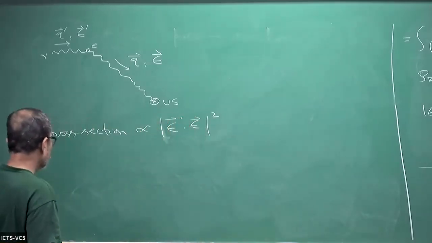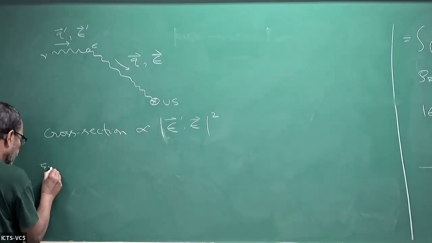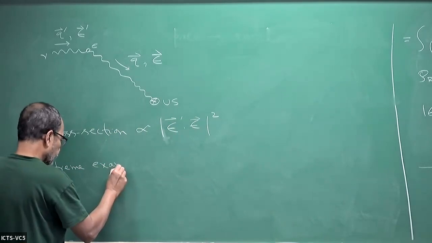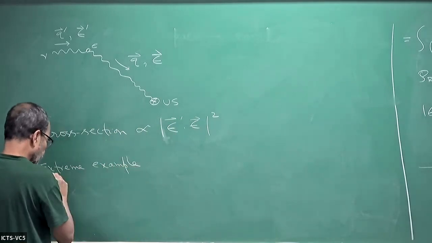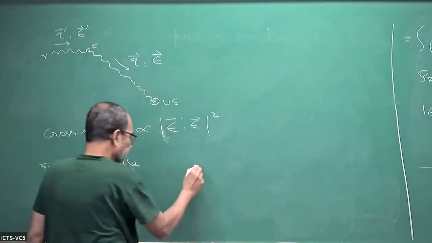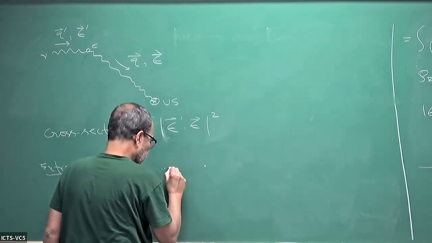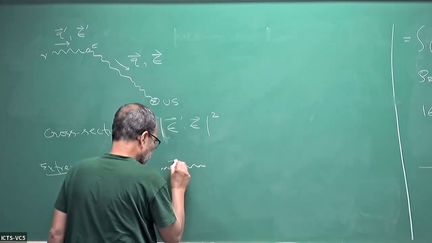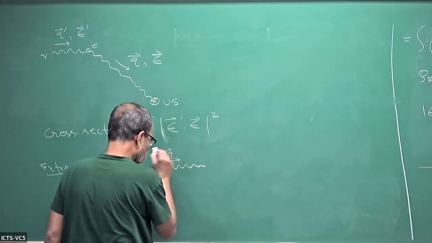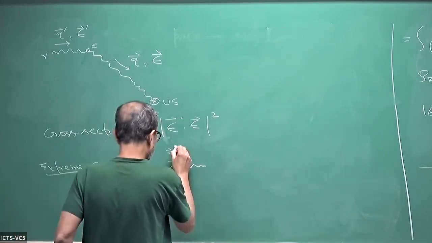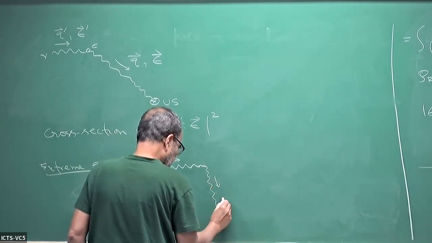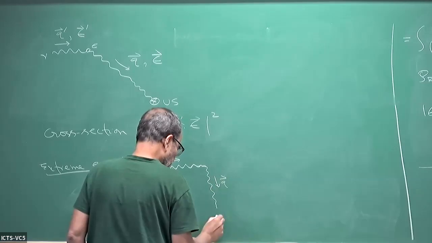Okay. So let's consider the extreme example. Imagine that the initial photon came like this, q prime, and the final photon q was orthogonal.